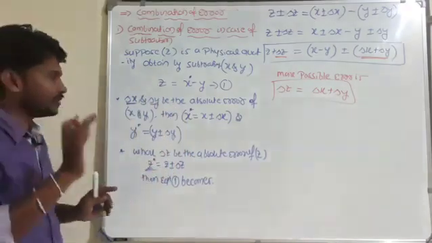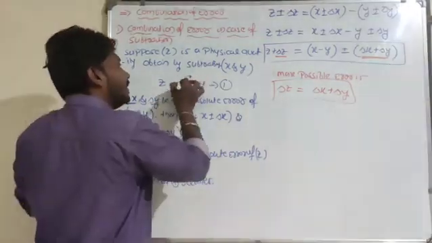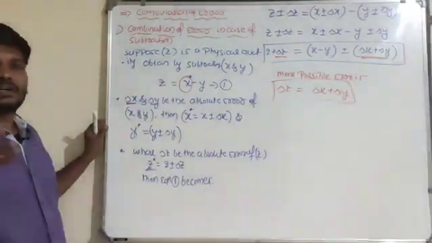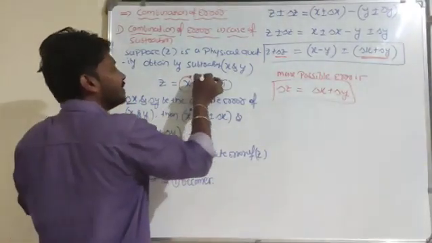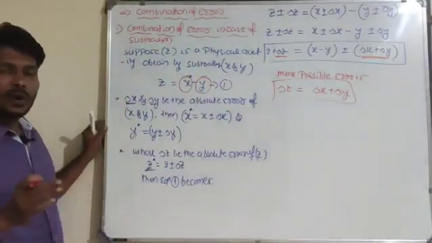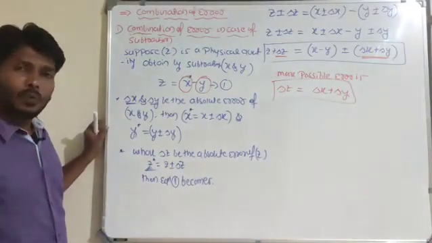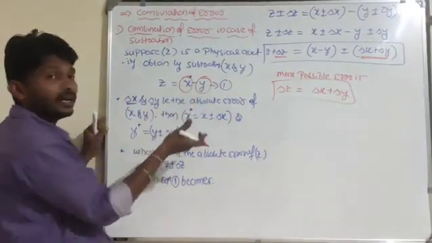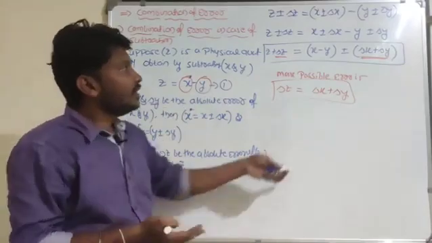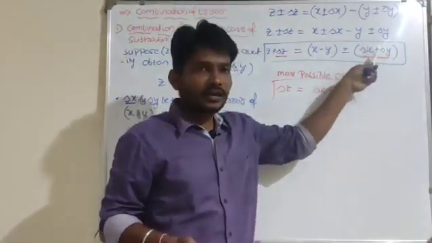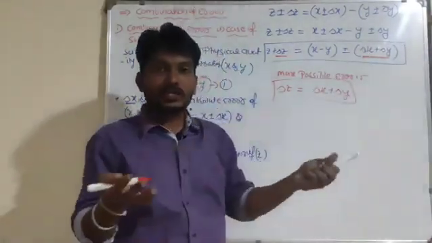So why? Just think by yourself: while measuring the physical quantity x I will get a certain kind of error, and while measuring the physical quantity y also I will get a certain kind of error. What's the total error? If you subtract the errors, the total error becomes 0. So it is not possible here.